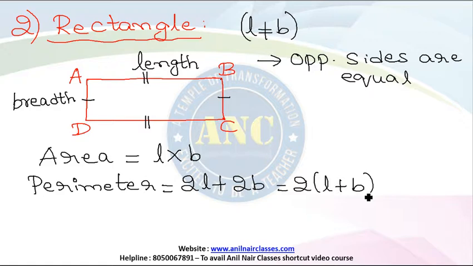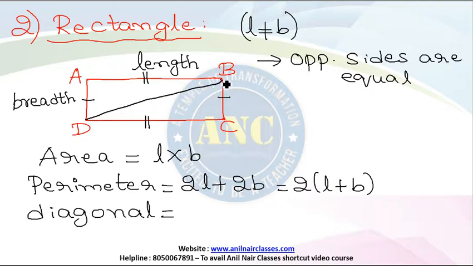Similarly, can you please teach me what will be the diagonal? The length of the diagonal, can you please tell me what it will be, sir? Length of the diagonal, again it's very simple. BD is the diagonal. In a rectangle also, each and every corner subtends an angle of 90 degrees. So this is 90 degrees. This will be length, this will be breadth.